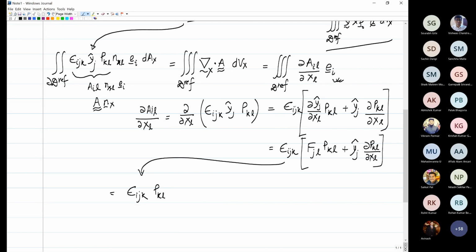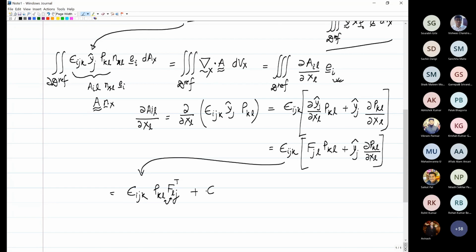Scalar a into b is the same as b into a, but fjl is also the same as f transpose lj, right? So that's the first term, and why I have done it is because l is then appearing as the inner index, and so it's like matrix multiplication. So that was the whole motive for this.